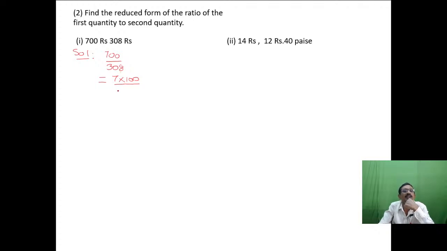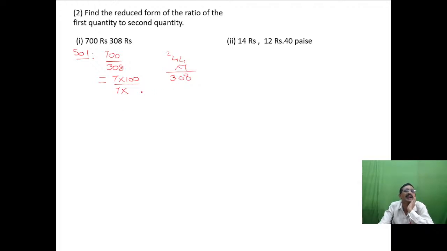Now, what about this 308? We have 7 multiplied by which number will give me 308? Suppose we take 44 here, multiply it with 7 and see. 7 fours are 28, and 2, 30. It gives me 308.